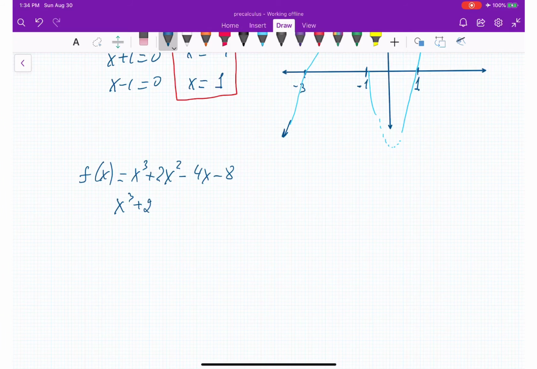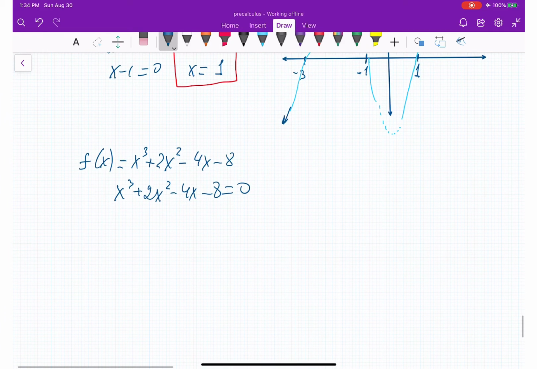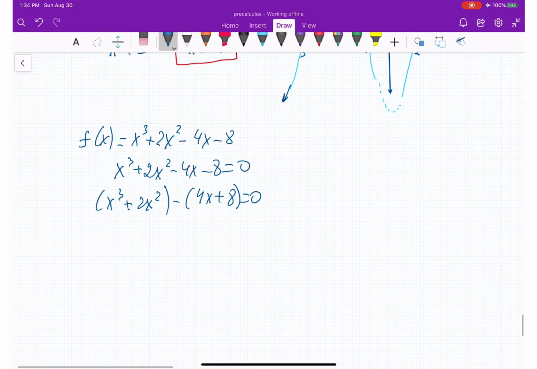I'm going to go through factoring by grouping. So it's gonna be x cubed plus 2x squared minus, flipping signs because negative in front, 4x plus 8. And then we take common factor, x squared will be x plus 2, and minus common factor 4 will be x plus 2, is equal 0.